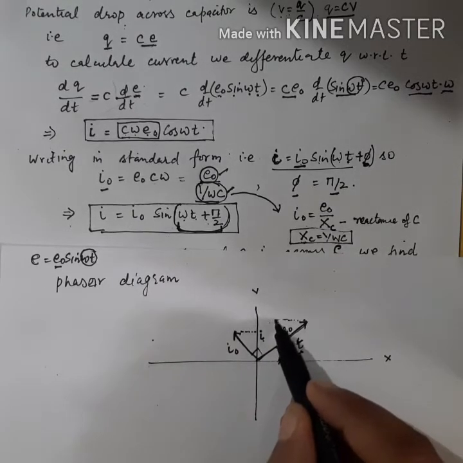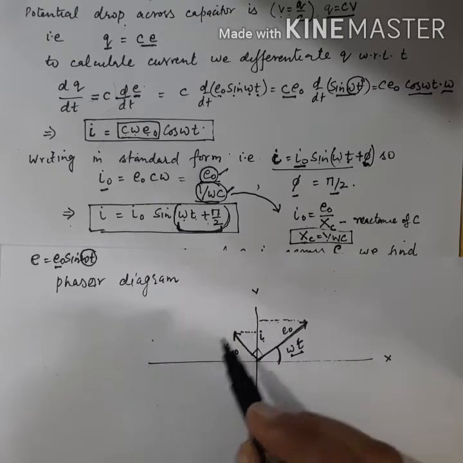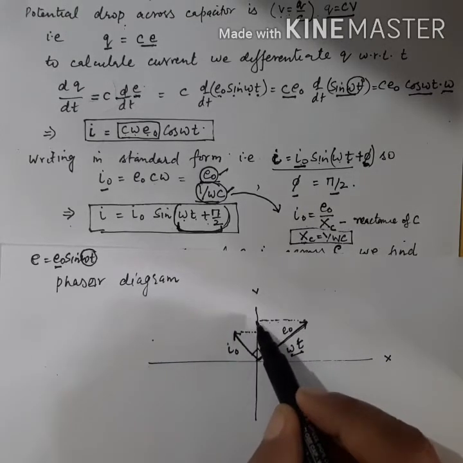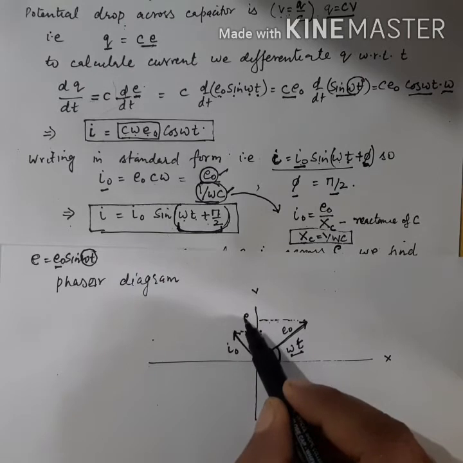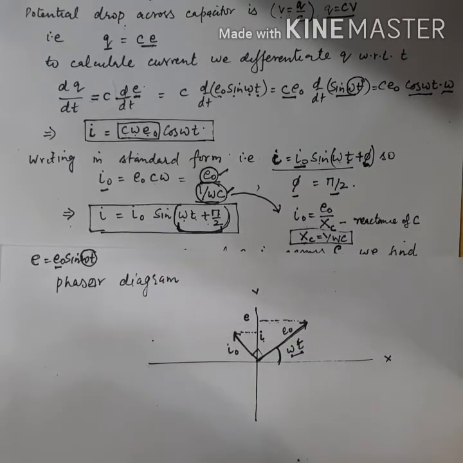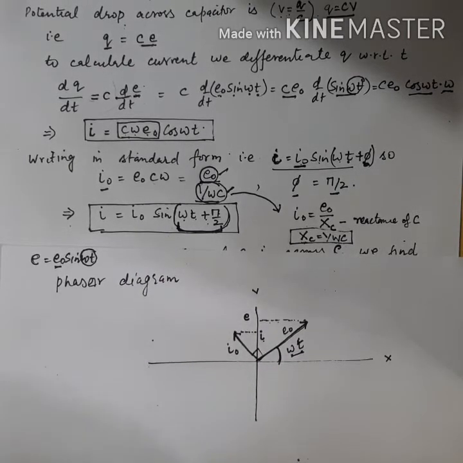Similarly, the projection of the voltage arrow represents the instantaneous value of the voltage at this time. So this is your phasor diagram for the case of a capacitor.